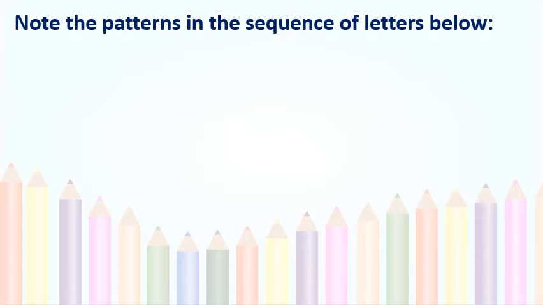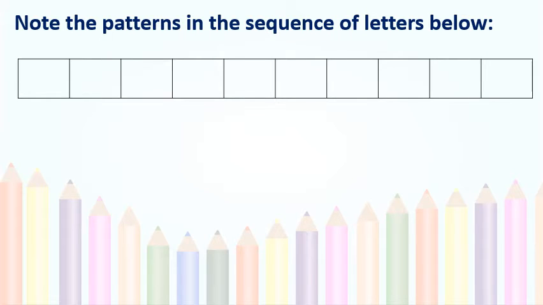Students, here note the patterns in the sequence of letters below. Now we will see the patterns in the sequence given in the table. See, this is a table, correct? Now we will write some letters. This is A, okay?